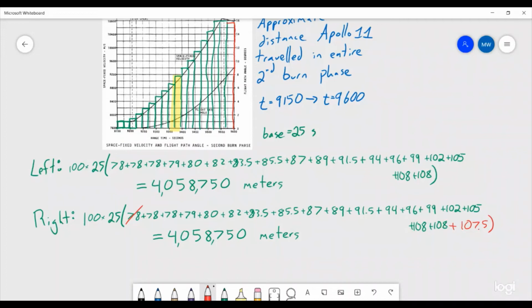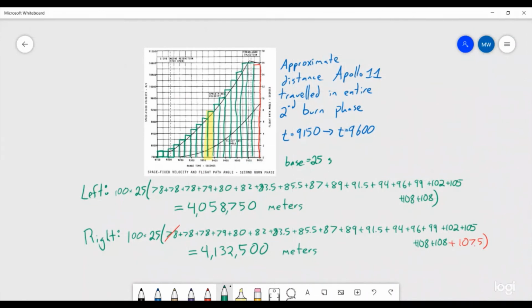Instead of 4,058,750, this one is 4,132,500 meters. So somewhere between this one and the other one is the true value of how far the Apollo 11 astronauts traveled. But this is how we would be able to do something if we were given a graph or a table. You would do the same sort of thing.